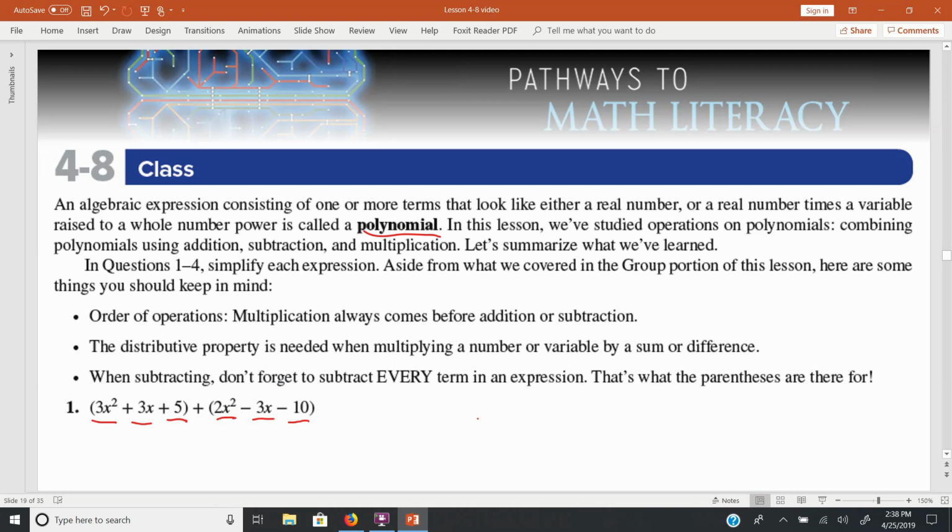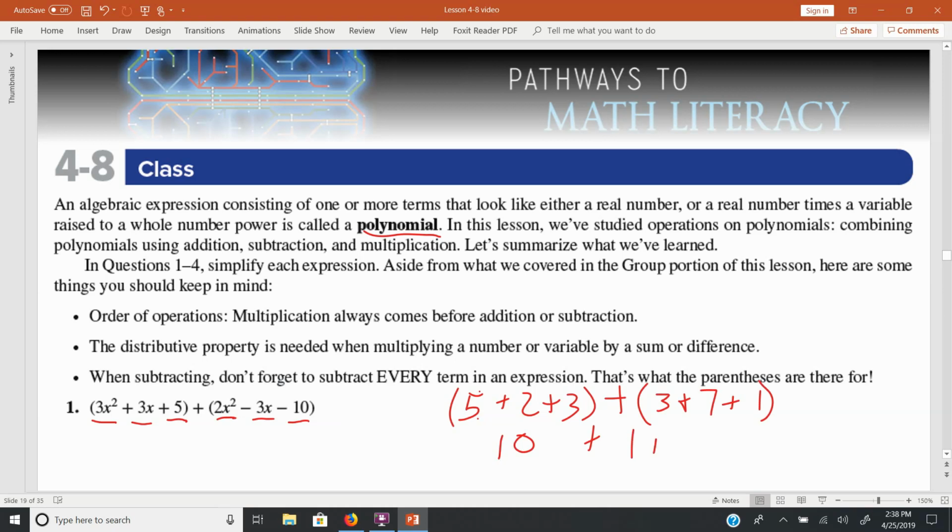if I were to add 5 plus 2 plus 3, and then add the quantity 3 plus 7 plus 1, parentheses tell me to do 5 plus 2 plus 3, which is 10, and then add 3 plus 7 plus 1, which is 11.